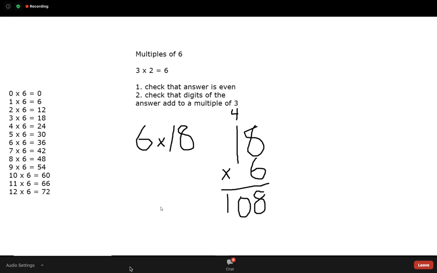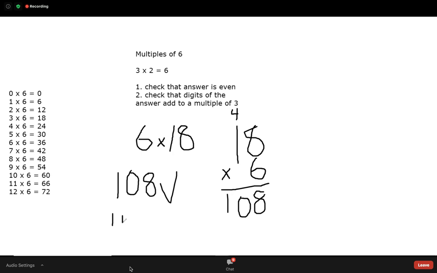So you've got to remember, we can't just be happy with that. We've got to make sure that we have a good answer. This won't guarantee that it's the right answer, but it'll let us know that we at least got a multiple of 6. So the first step is making sure that this number is even. It ends in an 8, which is an even number, so 108 will be even, so it gets its first check mark.